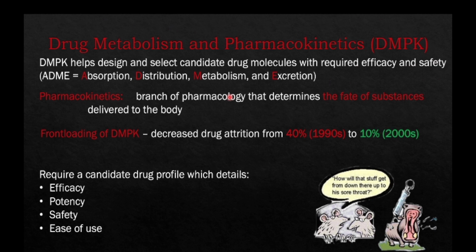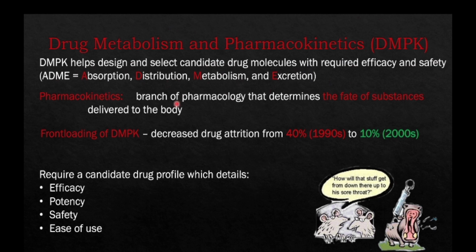When we consider drug metabolism and pharmacokinetics, DMPK, this helps to design and select candidate drug molecules with required efficacy and safety, known as ADME. A stands for absorption, D for distribution, M for metabolism, and E for excretion.